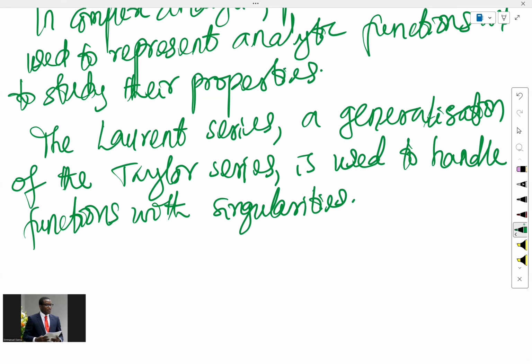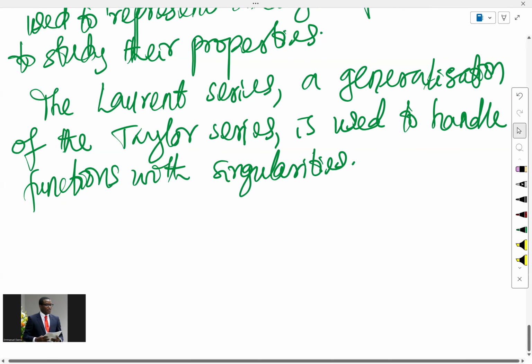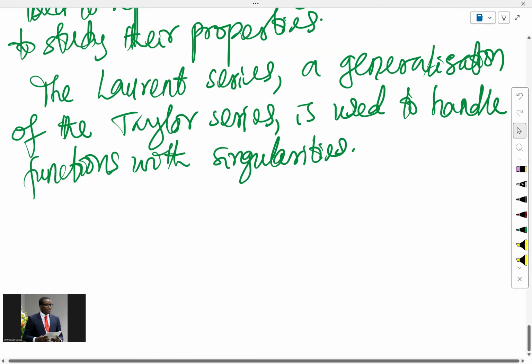It won't be defined at x equals 1. So the Laurent series can take care of that. So it's used to handle functions with singularities.